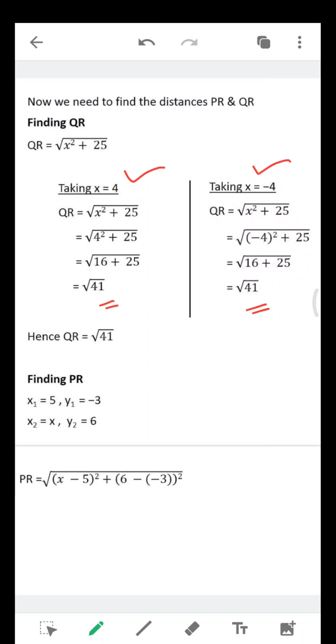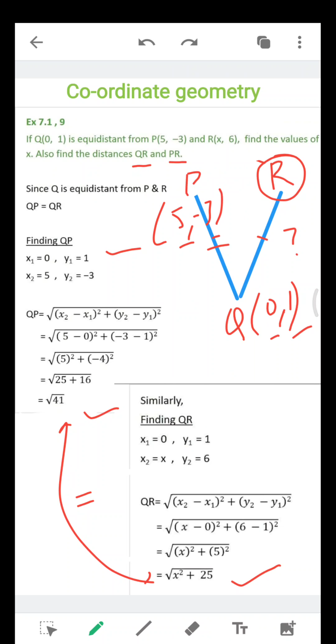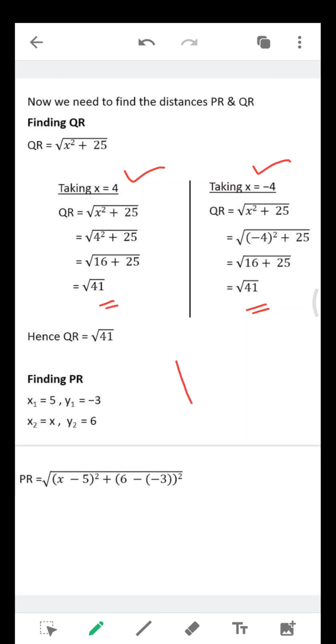Then we'll find PR. He is asking you to find PR, keep it in mind.